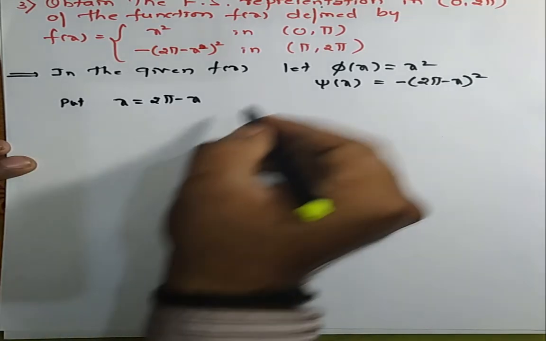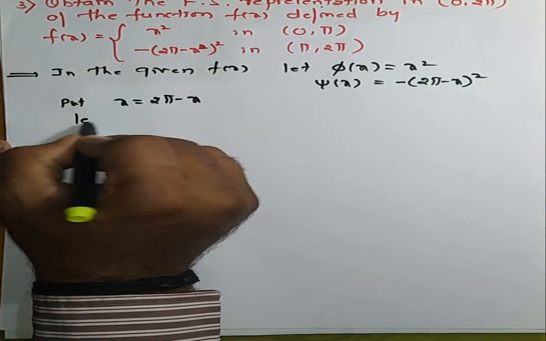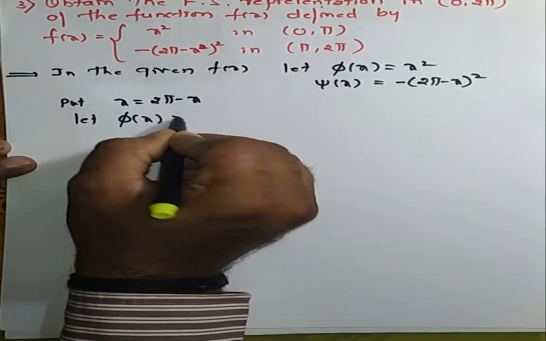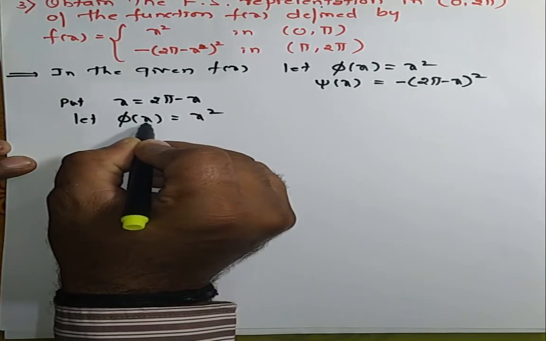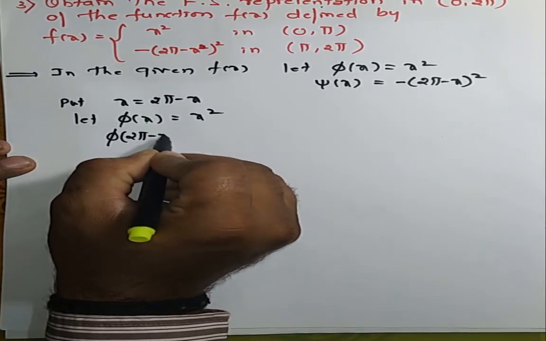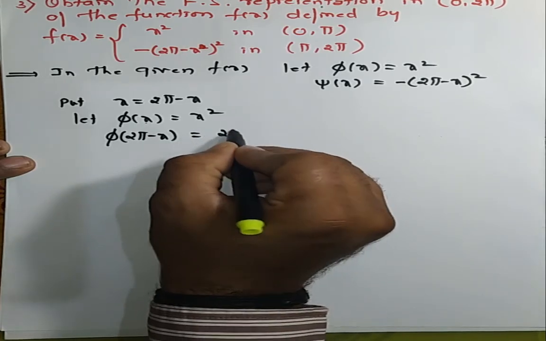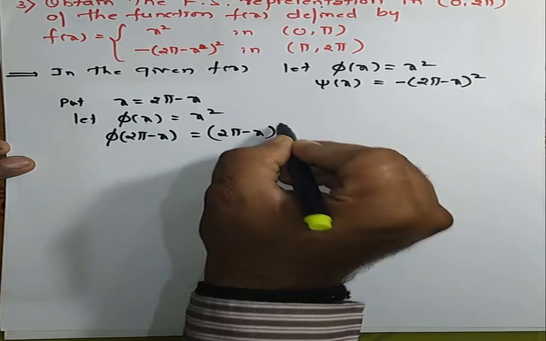You take any one of these two functions. Let me take the first function, that is, let phi of x be equal to x square. Put x equal to 2 pi minus x here. Phi of 2 pi minus x is nothing but 2 pi minus x the whole square.